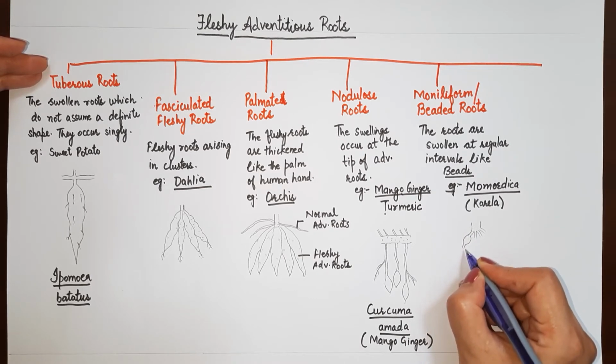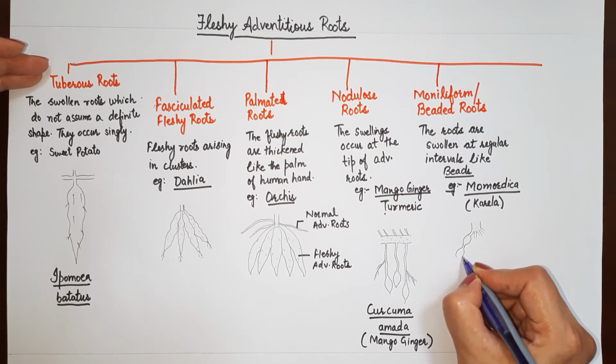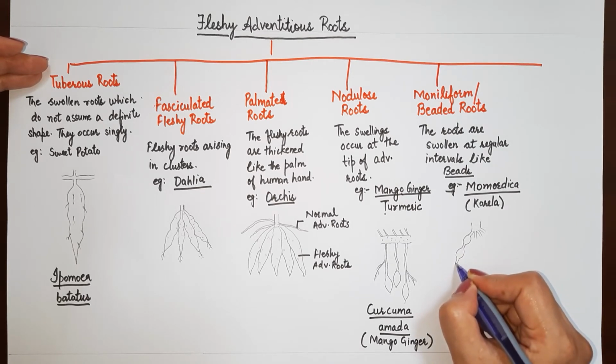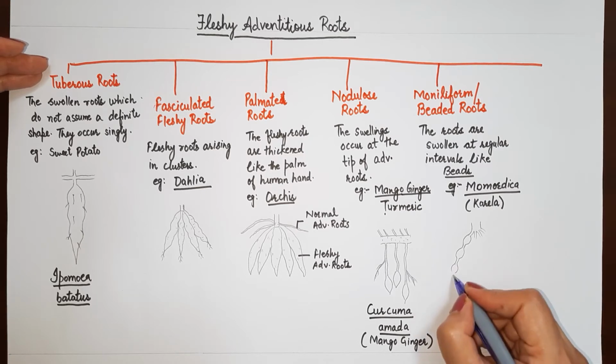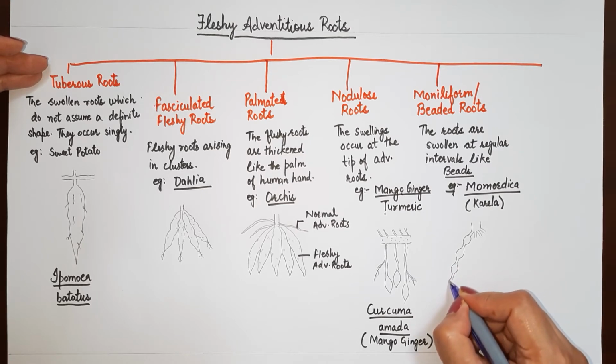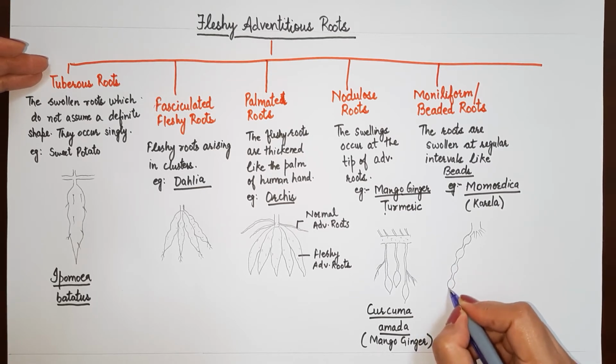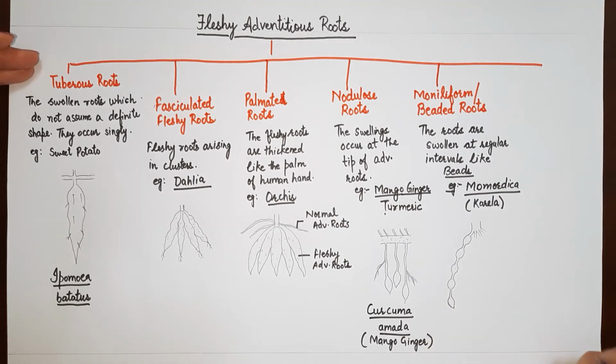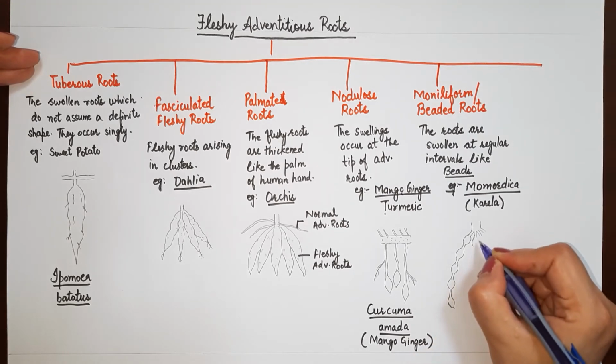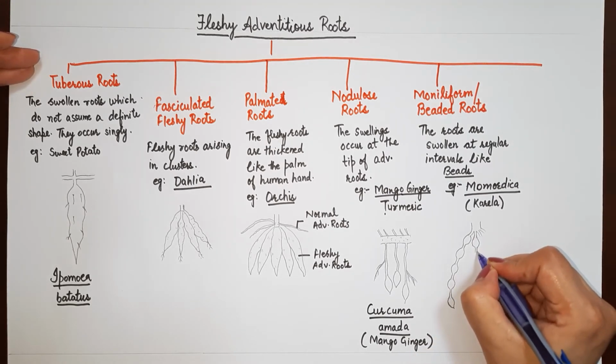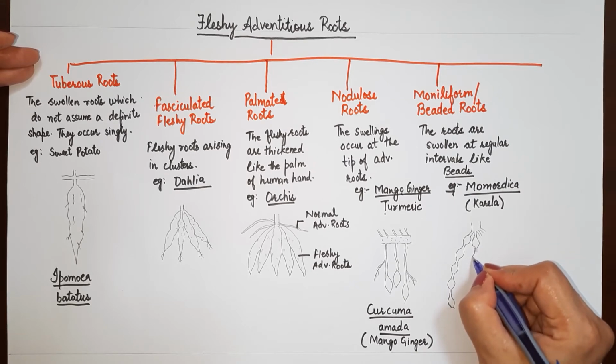So again the non-tuberous part, again a bead-like structure, so on. So you can show 4 to 5 bead-like swellings at various intervals, and the last one will end up into a tuberous tip. So similarly for others also, show this elongated part.